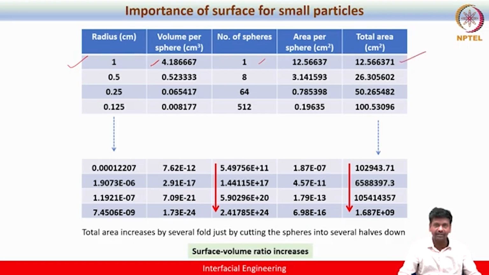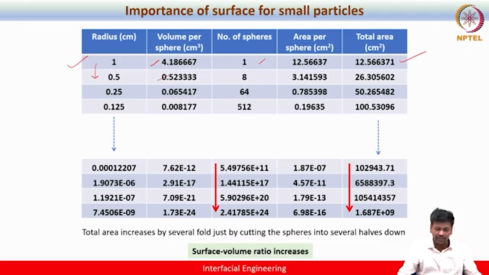Now, in the second step, what I'm going to do is cut this spherical object into two. Instead of a radius of 1 centimeter, we will now have a radius of 0.5 centimeter. In this way, you will achieve the number of spheres as 8 because your volume per sphere goes down drastically.